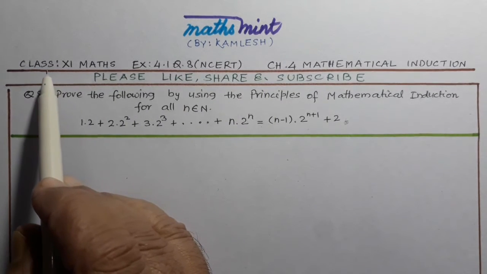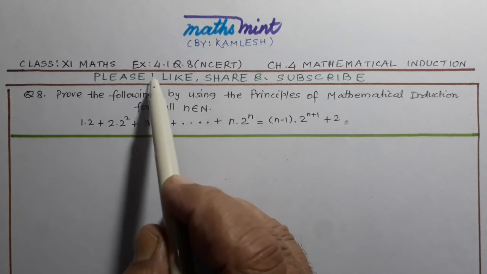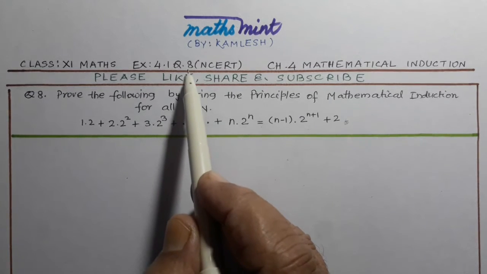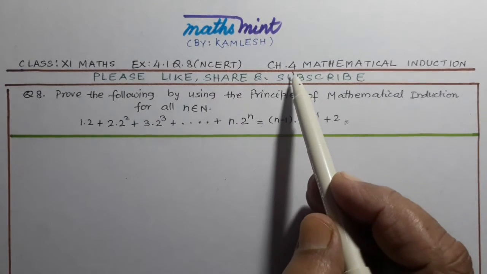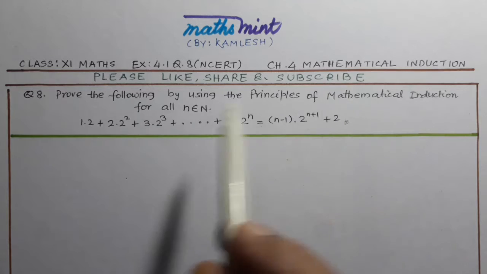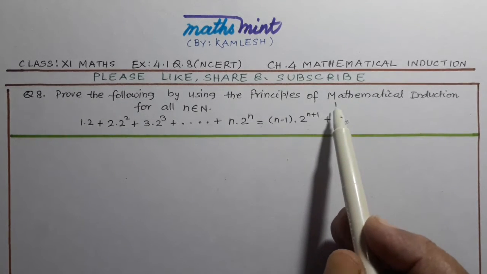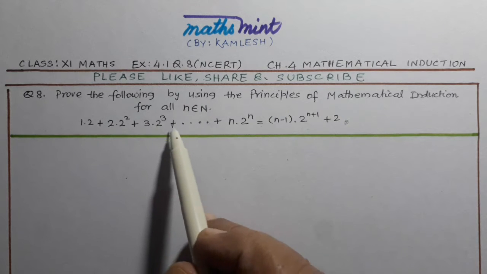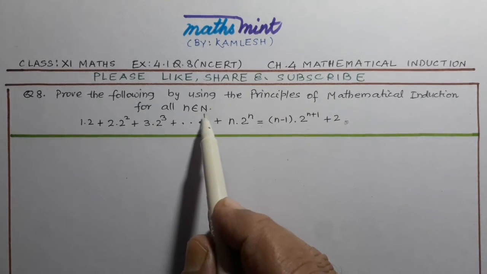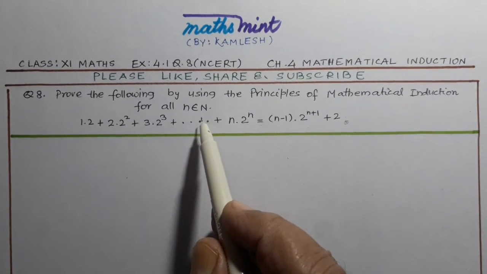It is a question for class 11 Maths exercise 4.1 question number 8 from NCERT book chapter 4 Mathematical Induction. Question 8 is: prove the following by using the principles of mathematical induction for all n belonging to natural numbers.